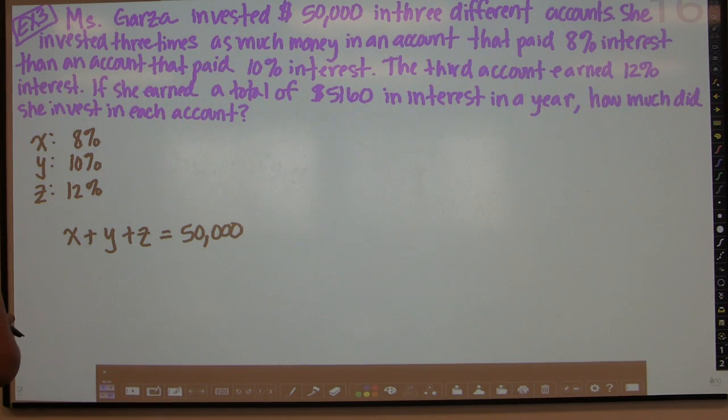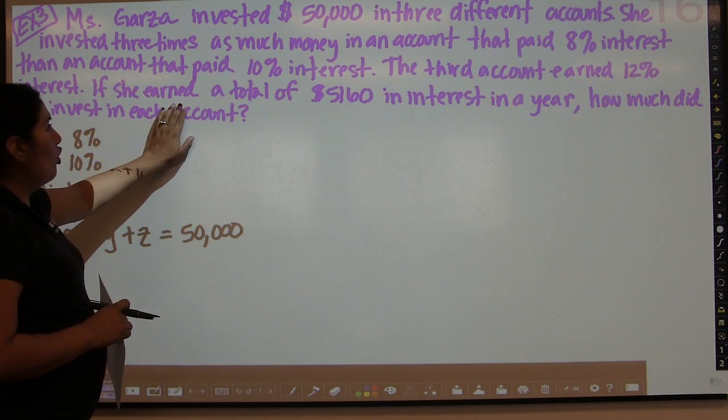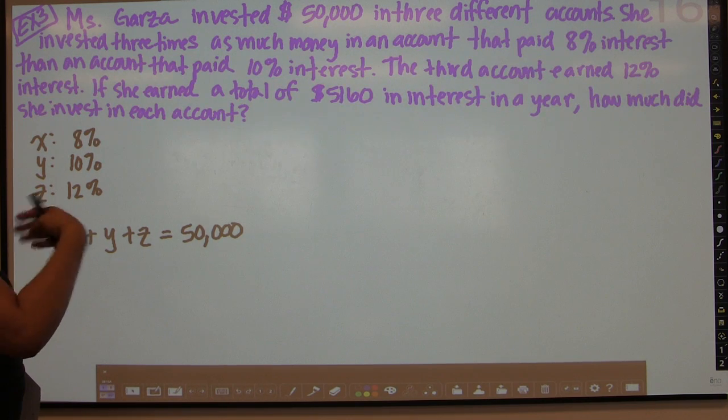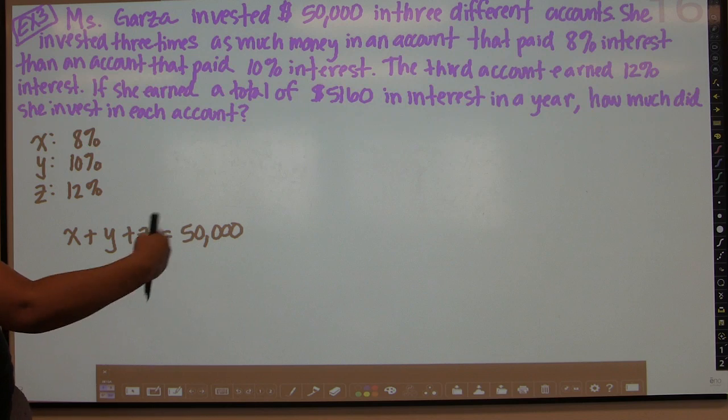Then we know that she earned a total of $5,160 in interest in a year. Well, interest is when you take the interest rate and multiply it by how much money you have.